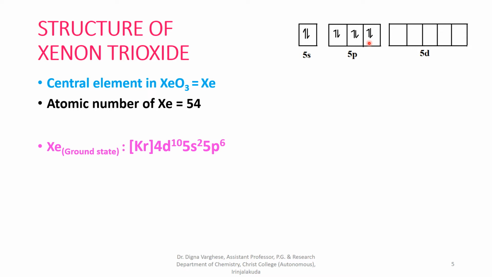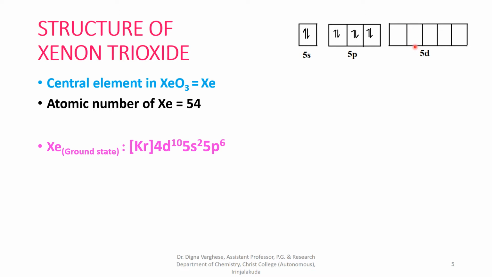According to valence bond theory, the bond is formed by the overlap of half-filled valence atomic orbitals of each atom containing 1 unpaired electron. This is possible only if 3 of the 5p electrons of the xenon atom are promoted to empty 5d orbitals of the same xenon atom.